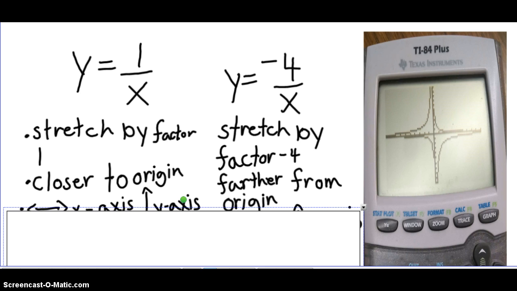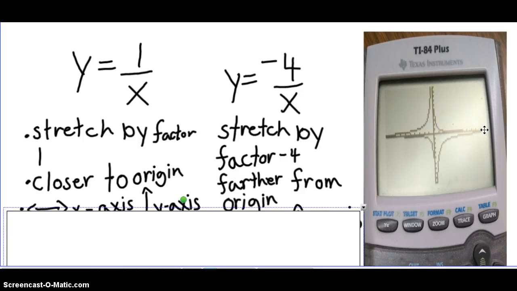The next thing to do is to figure out your vertical and horizontal asymptotes, which, as you can see here, your vertical asymptote is your y-axis, and your horizontal asymptote is the x-axis, because you can see as the graph bends, it doesn't cross that line, it just bends with the y-axis and the x-axis.